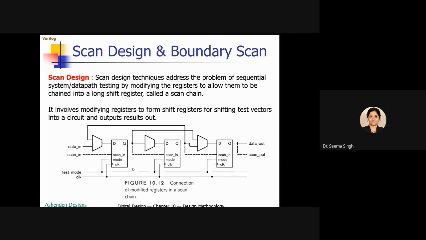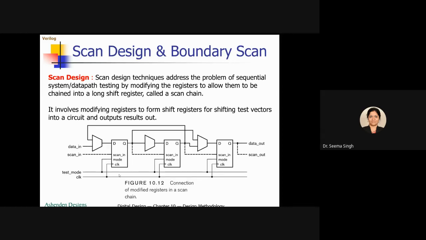How does it test? It modifies the registers, whether it is a shift register or any other register, by allowing them to chain into a long shift register. That is called a scan chain. Here you can see in this diagram, it modifies the register and forms the shift register to shift the test vector into the circuit, and then whatever output results come, it will understand whether your design is working properly or not.